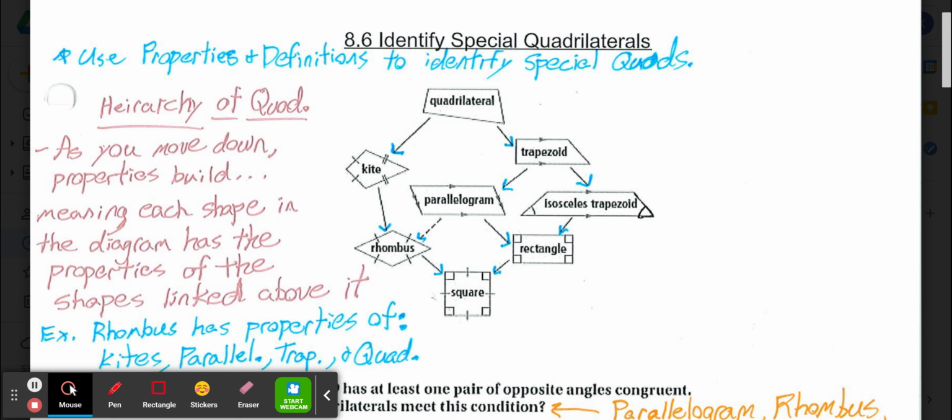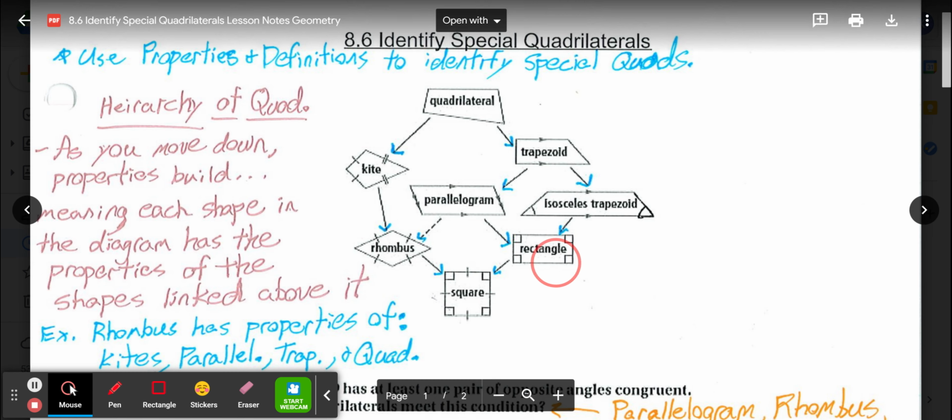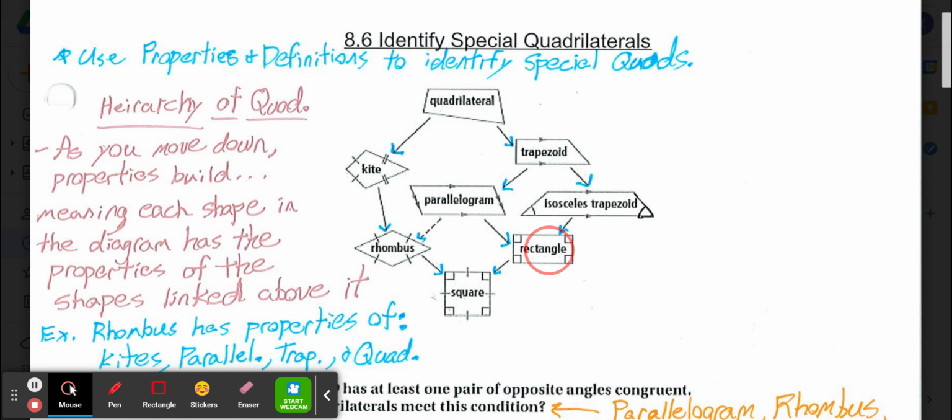What that means is, for example, any shape on the hierarchy, such as a rectangle, would share the same properties as a parallelogram, as an isosceles trapezoid, as a trapezoid, and a quadrilateral. So any figure has the properties of the shapes that it links to going back up to the top of our hierarchy.